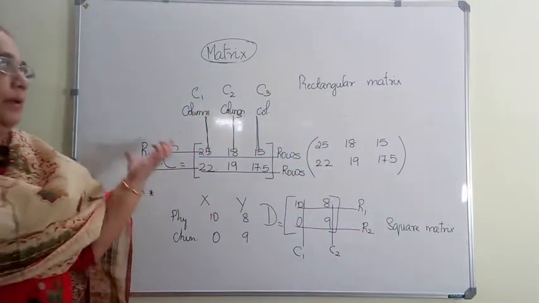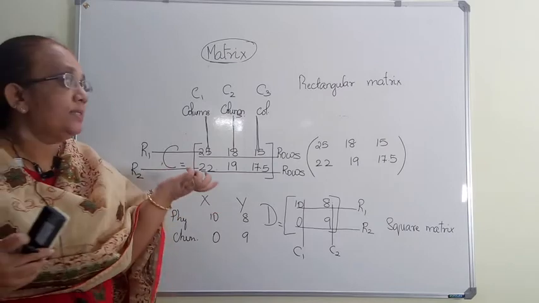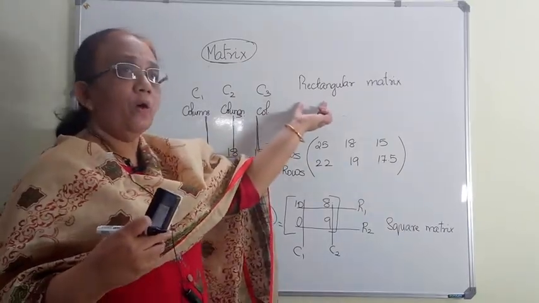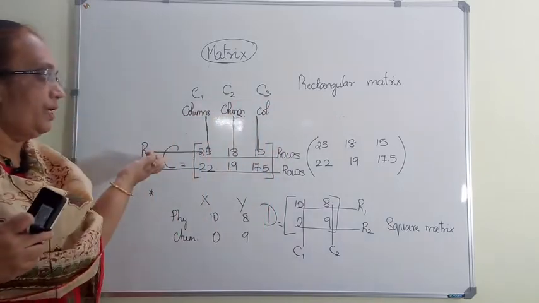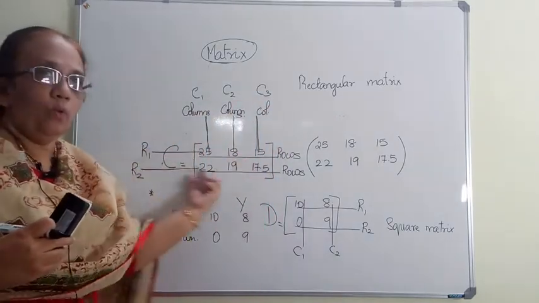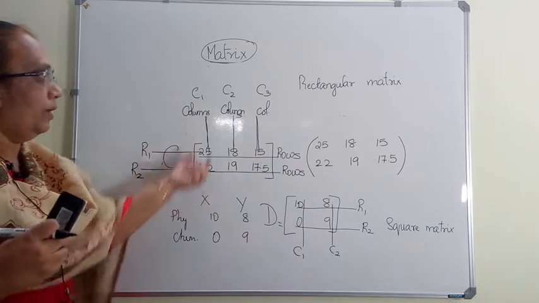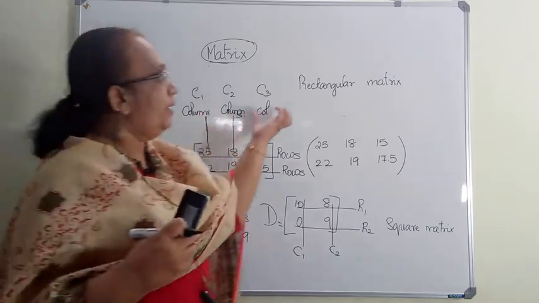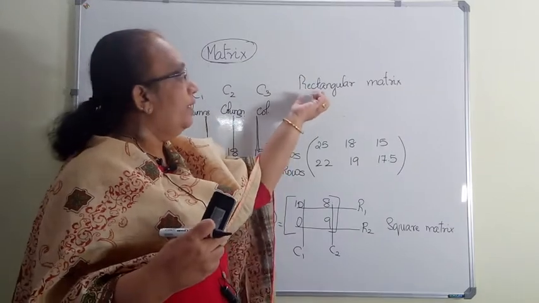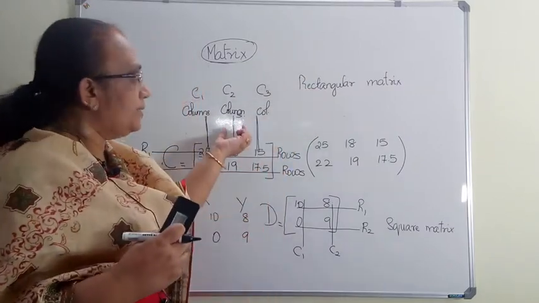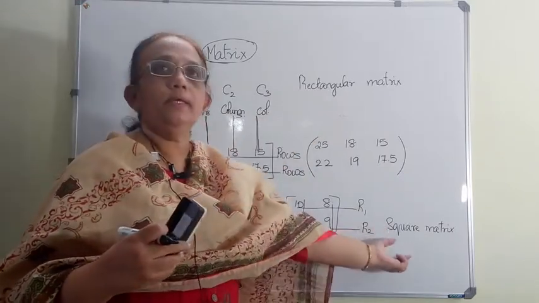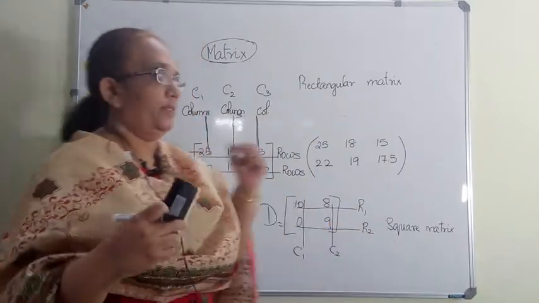So generally we can say that a matrix is a rectangular arrangement of information in terms of rows and columns. And a matrix can be in two forms. Either rows and columns are different, meaning it is a rectangular matrix. Or rows and columns are equal, and it is a square matrix.